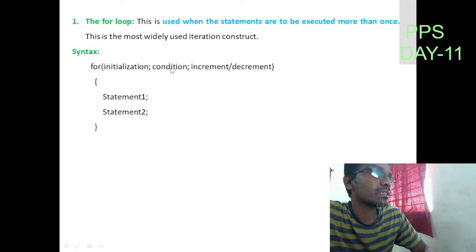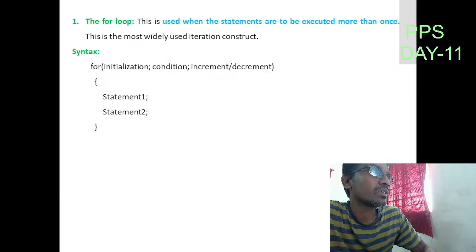If that condition is satisfied, then it will enter the block of statements, statement 1, statement 2, and so on. These statements are repeatedly executed until the condition becomes false. Whenever the condition is false, the control will come out of that block and go on to print the output on your screen.